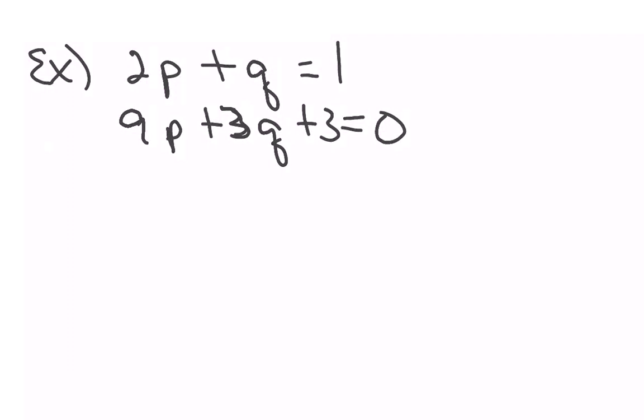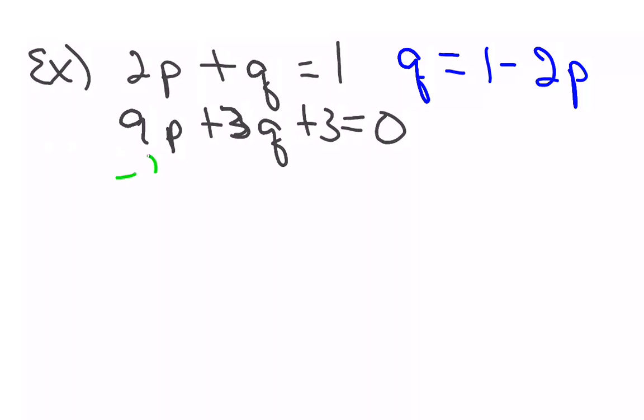So what does it mean for the comparison method? Well, let's solve each of these for q. So we want it to be q equals. For the first one we're going to have to subtract 2p from both sides. So we get q equals 1 minus 2p. The next one is going to take a couple more pieces.